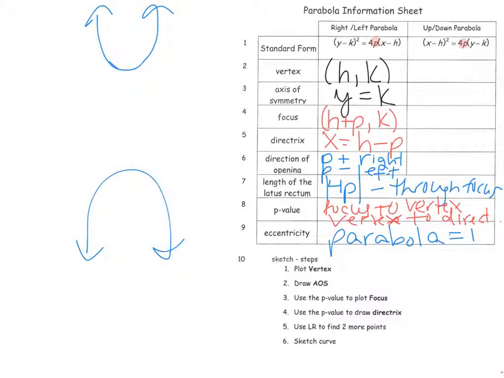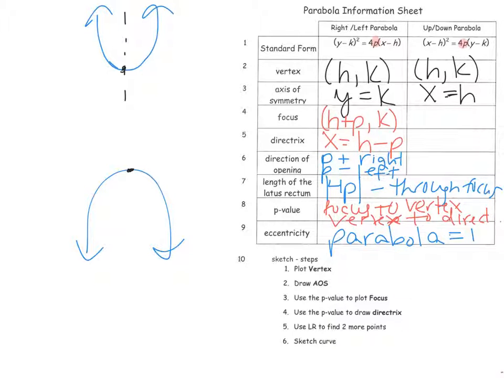That one's much bigger. And the vertex is still (h, k), but this time the axis of symmetry is a vertical line, so it's going to be x equals h. The h is coming from the vertex. Over here in the right and left, the k is coming from the k in the vertex.